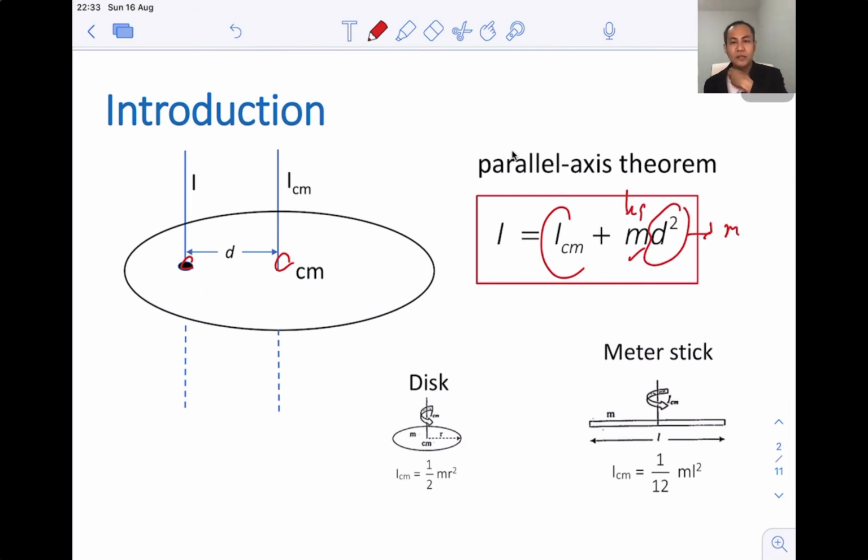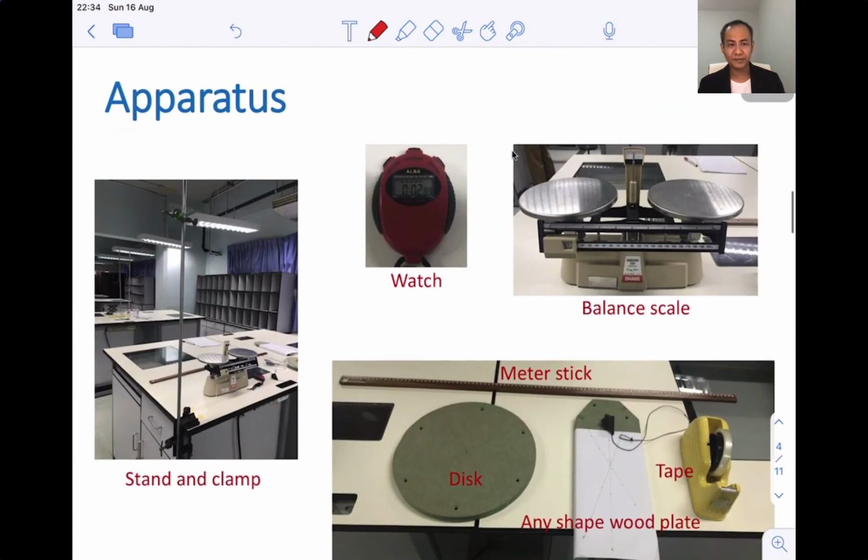Okay, in this experiment we will study the parallel axis theorem for a disc and a metal stick. This is the apparatus we use in this experiment. We have the stand and clamp. We have a watch to count the time for the rotating of the object, and we have the balance scale to measure mass.